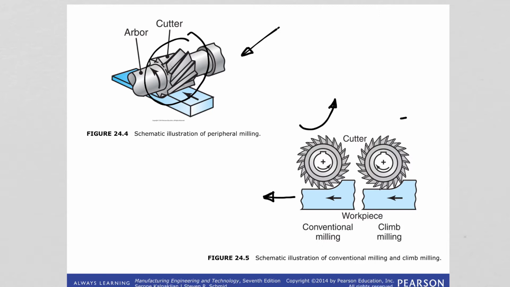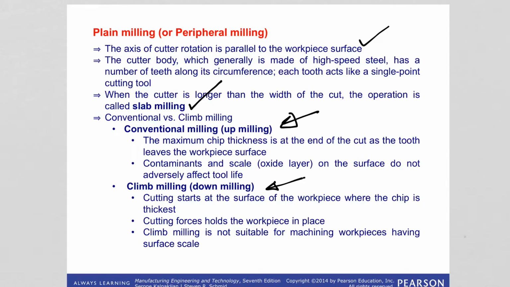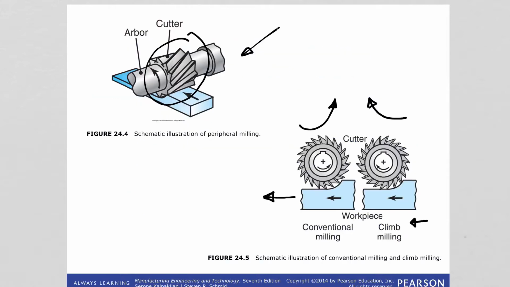So you are seeing the cutter rotating clockwise, and the workpiece is fed in this direction. So there is a difference between these two techniques. First of all, if you look at the up milling here, where the tooth comes in contact with the work, right? This part.